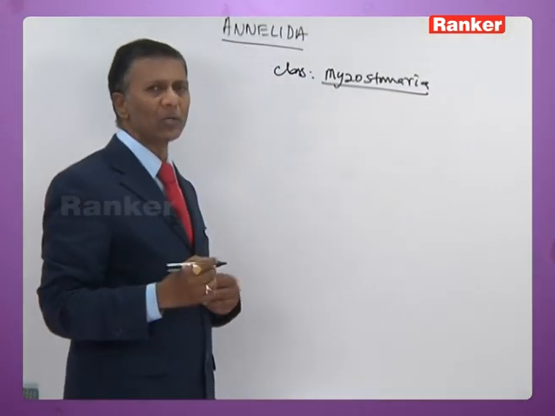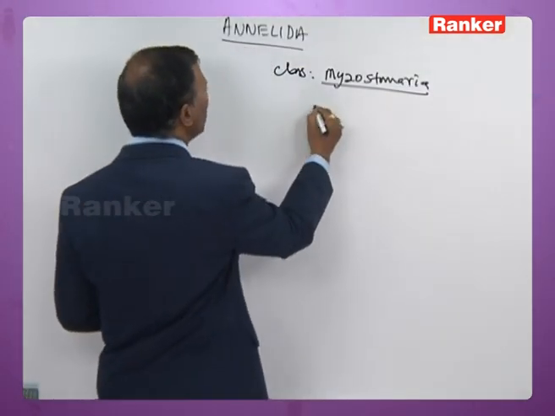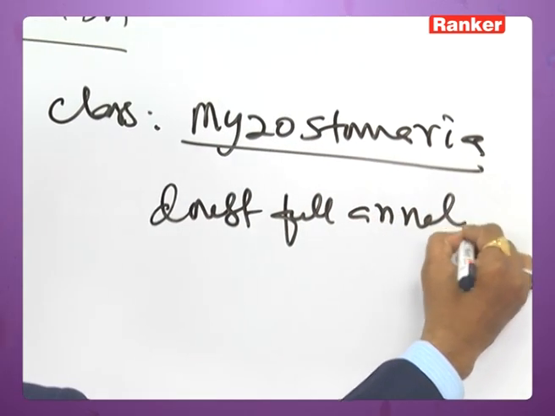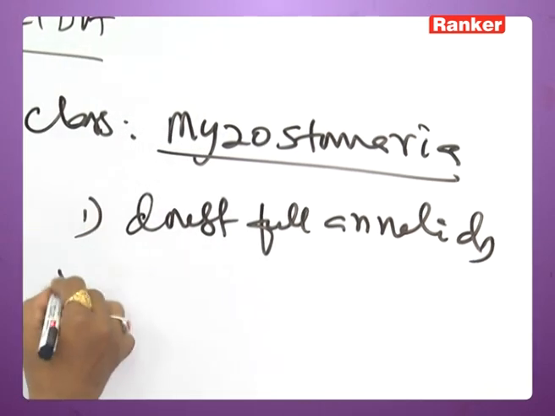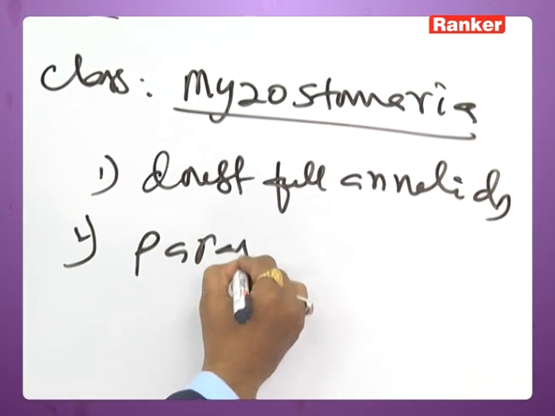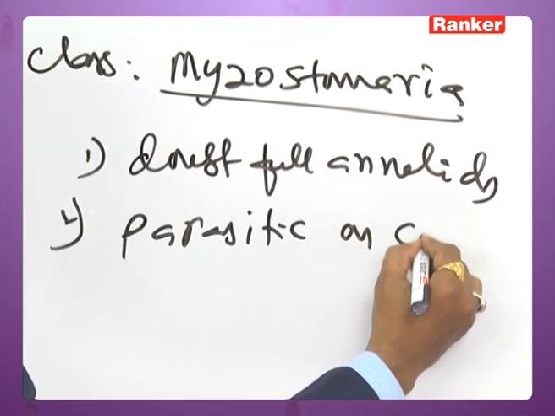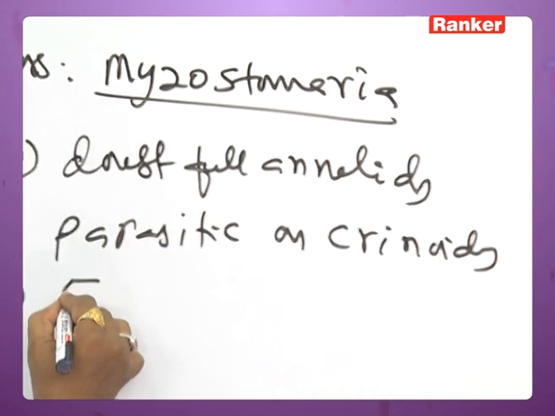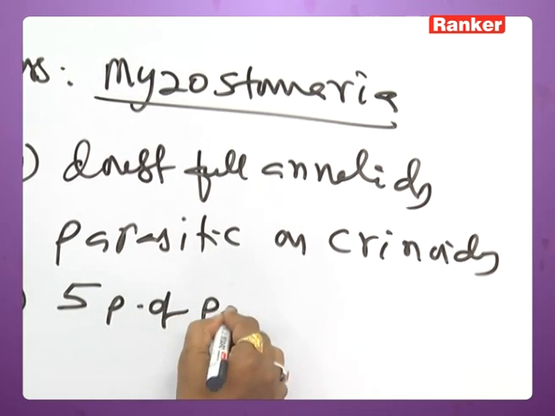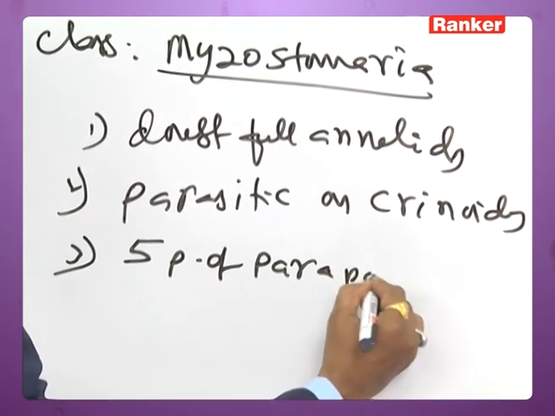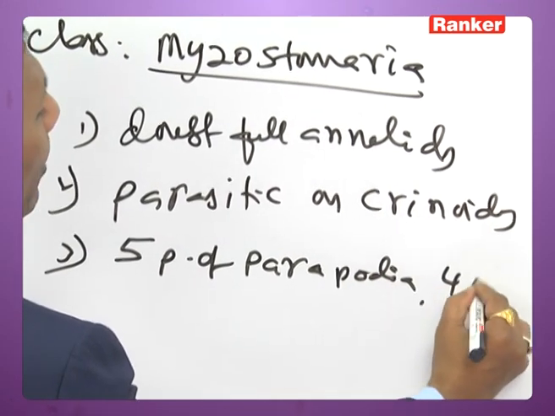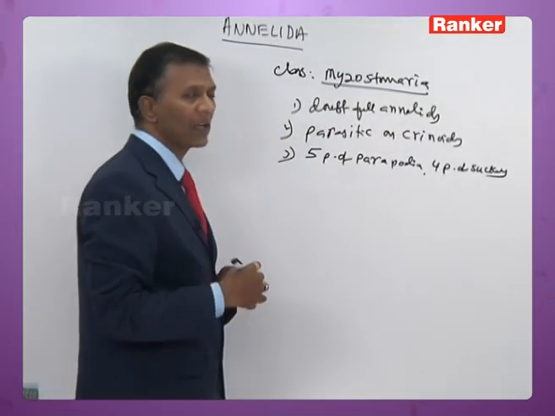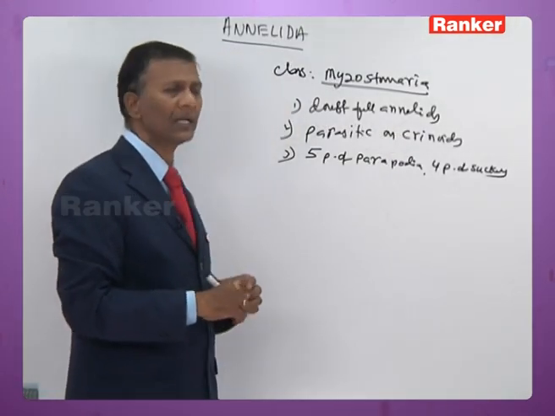Myzostomaria. Myzostomarians are referred to as doubtful annelids. They are parasitic on crinoids. They have got 5 pairs of parapodia and 4 pairs of suckers.